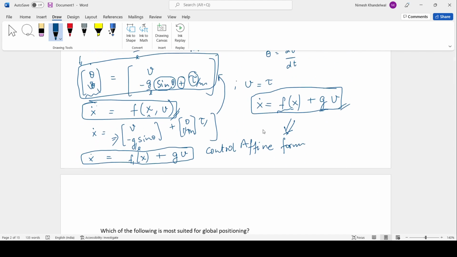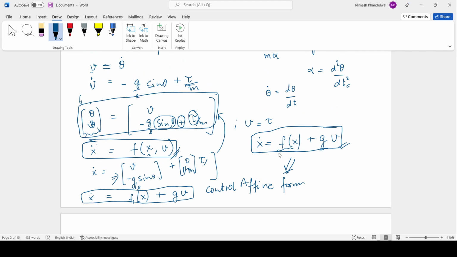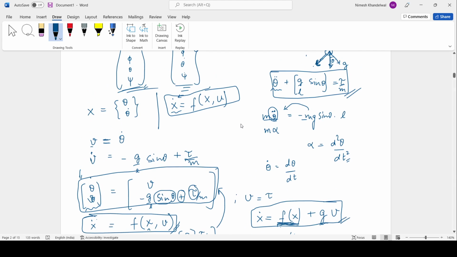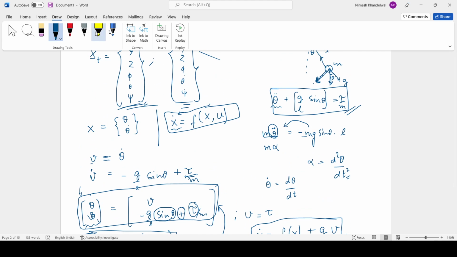And if this f of x is also linear, how do we make it linear? Can you tell me what happens to the equation? Can I erase all this?